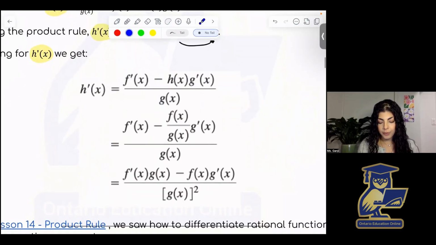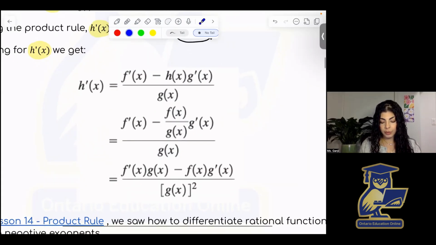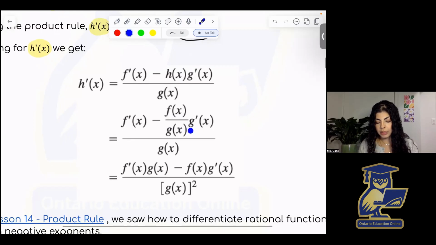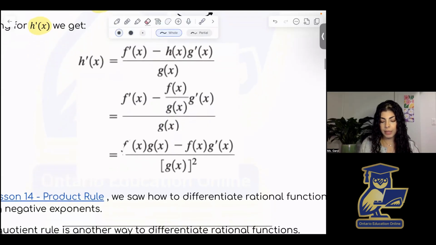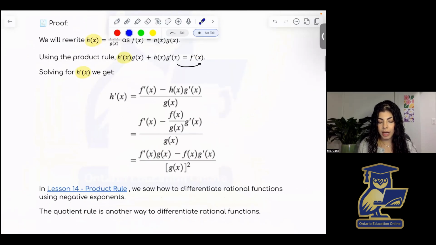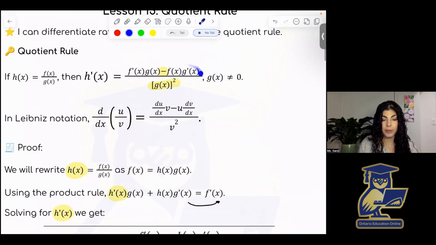And now this h of x itself was f of x over g of x, because we don't want any h of x on this side. So we're just rewriting everything now in terms of f and g. So then I'm just rearranging here. I'll find a common denominator here, and then the g of x will go in my denominator, and I will be left with this expression here, which is my quotient rule as I want it.